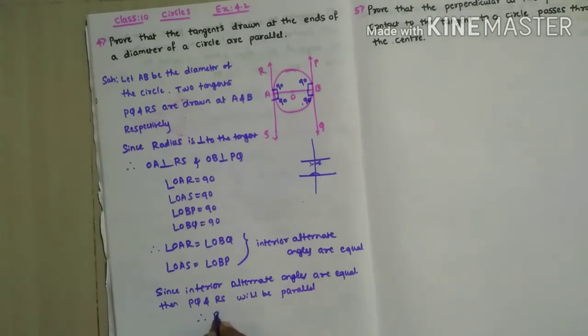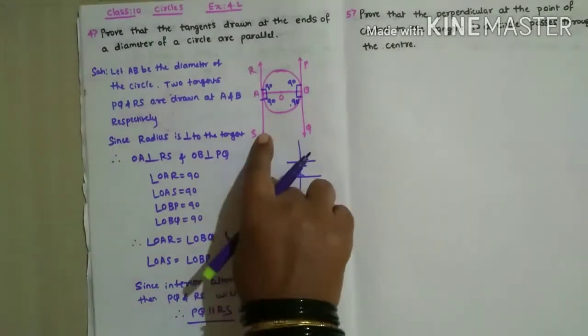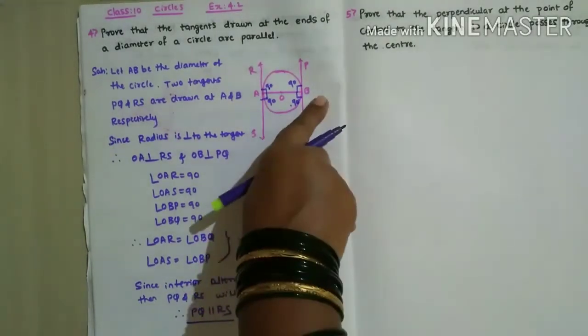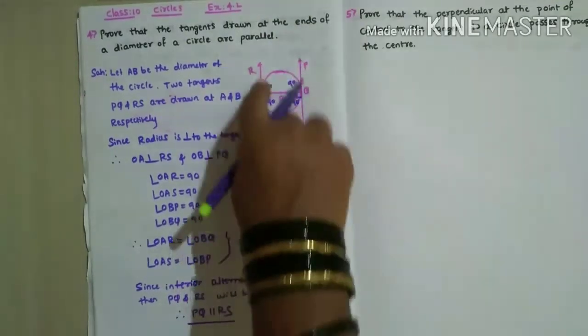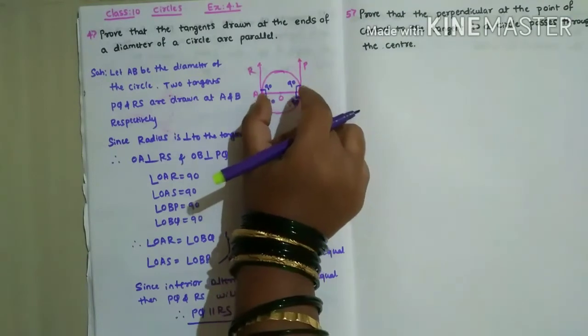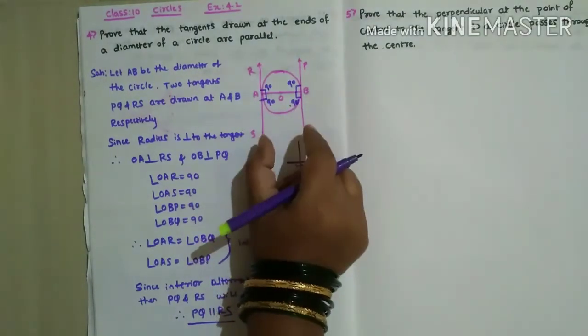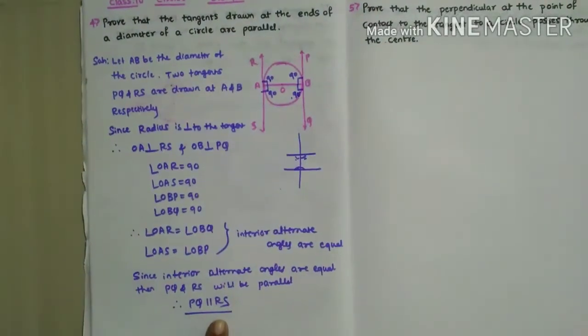Therefore, PQ is parallel to RS. This is the result we want to prove here. They told us to prove that tangents drawn at the end points of the diameter are parallel to each other. So PQ and RS are the tangents drawn at the end points of the diameter. So this parallel we proved here.